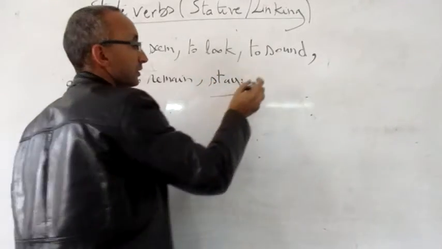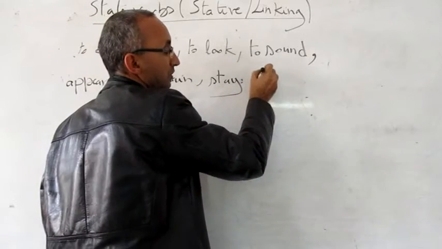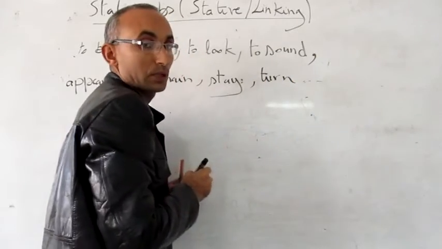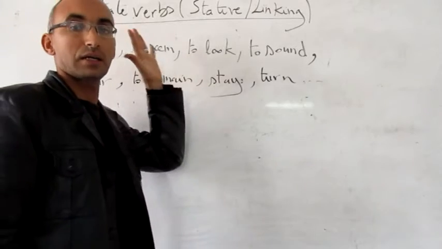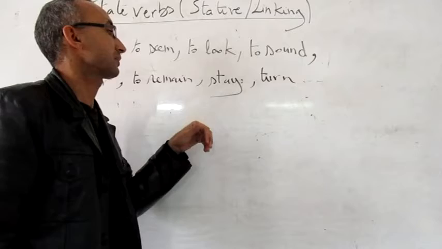Alright, when it has the meaning of remain, also sometimes turn, and so on. The list is open, but we are going to focus on the commonest linking verbs. Clear? These ones.